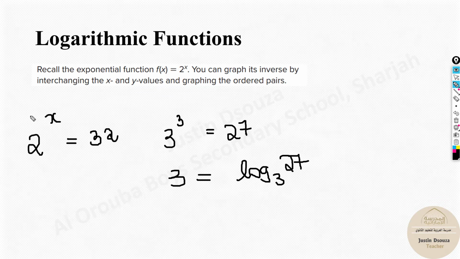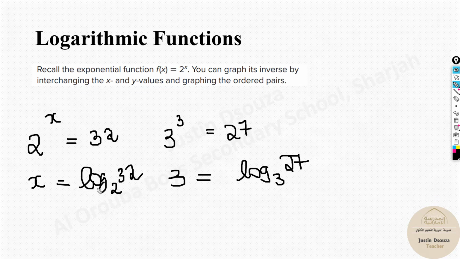How would you find exactly what power to raise 2 to in order to get 32? In such cases, log comes in very handy, because if we take this to the other side, it's log base 2 of 32, which equals x.